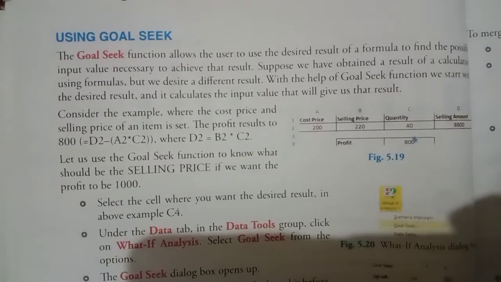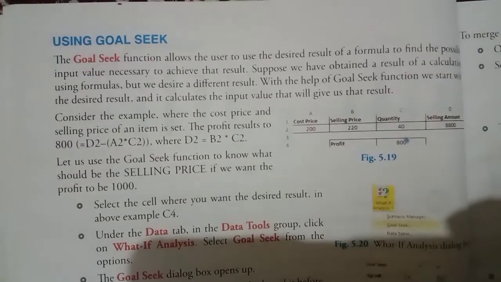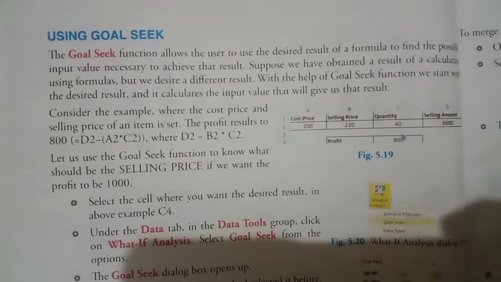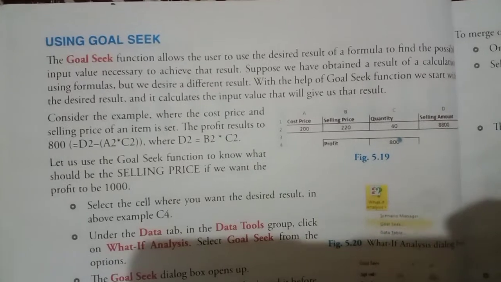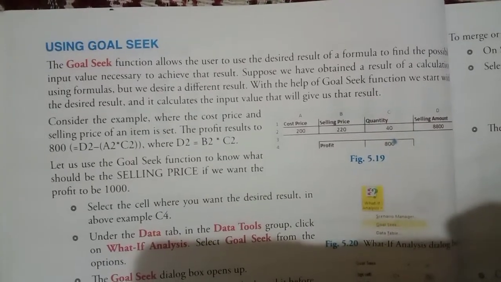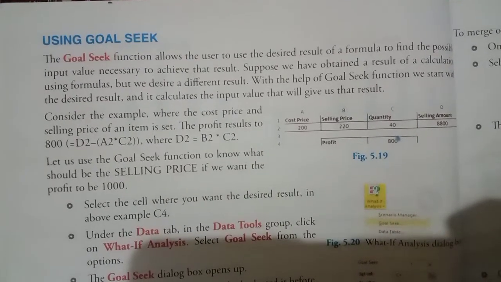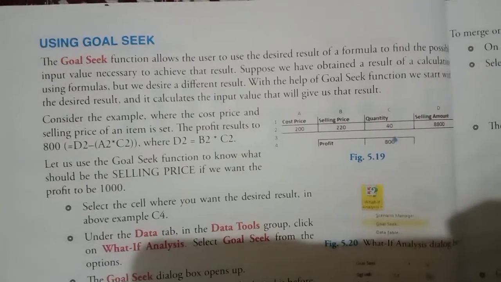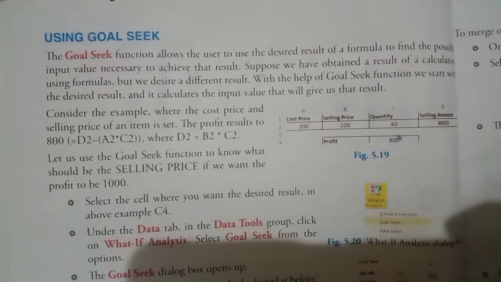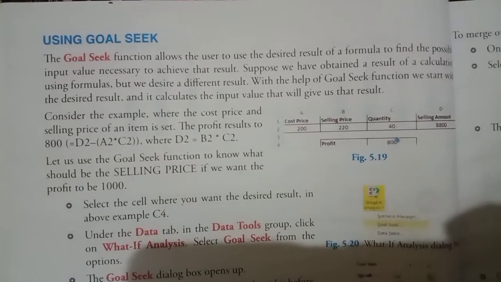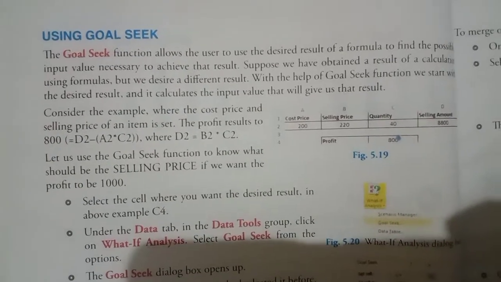Goal seek allows the user to set the desired result of a formula. The goal seek function allows the user to specify the desired result in a formula to find the possible input values necessary to achieve that result. Suppose we have obtained a result of a calculation using formulas, but we desire a different result.